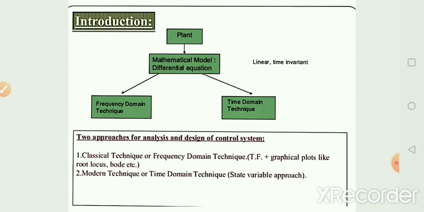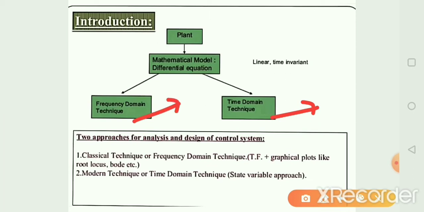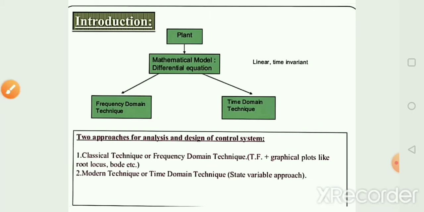The conventional approach is also called the frequency domain approach, and the time domain approach is the modern approach.